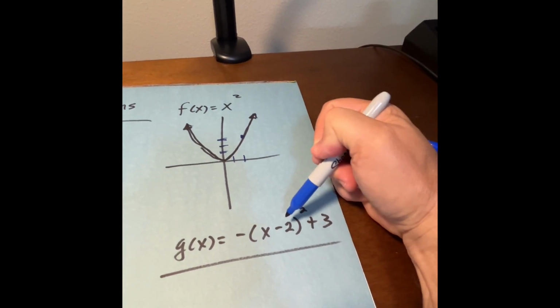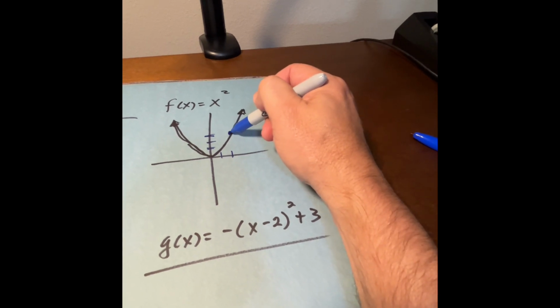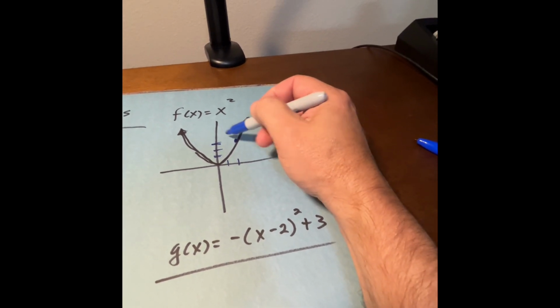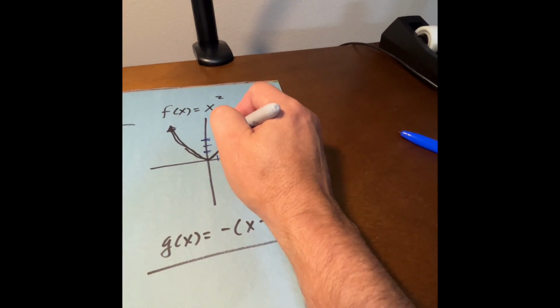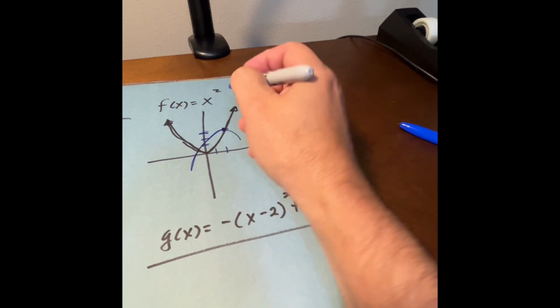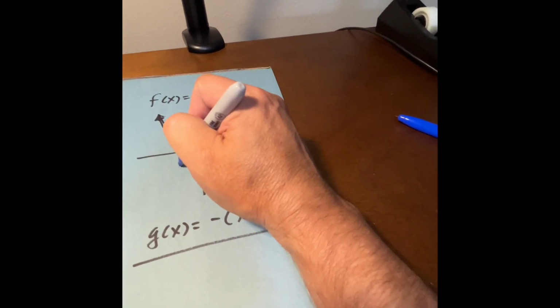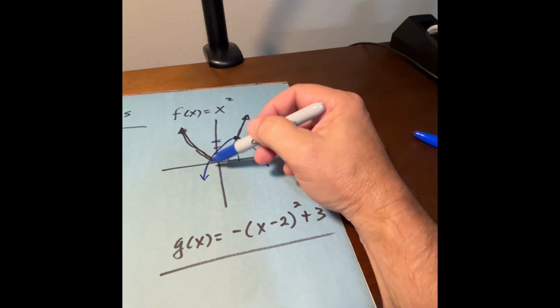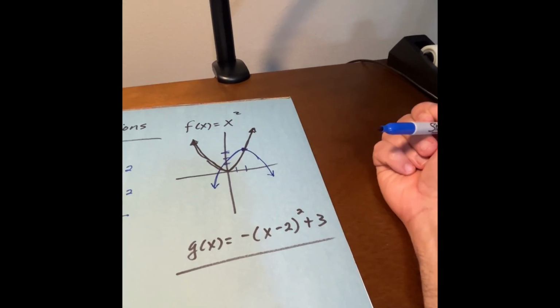So here is my vertex. But instead of drawing it this way, because of the negative, I'm going to turn it upside down. Same size, same shape, hopefully I'm freehanding it here, but reflected over, going in the other direction, and to the right 2 and up 3.